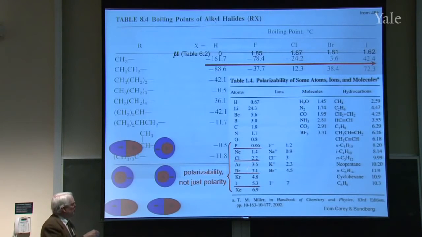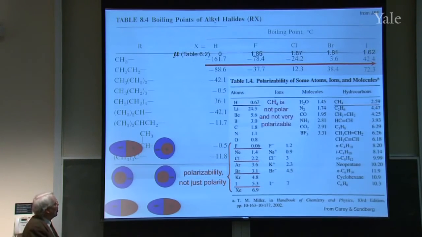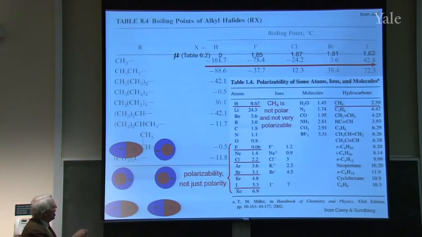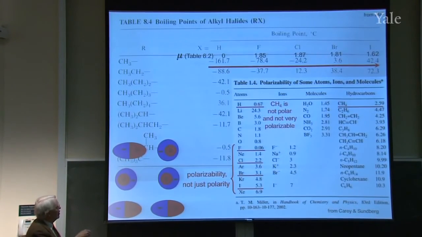But chlorine distorts more, bromine and iodine the most because it has the most electrons, the most weakly held, right? And CH4 is not polar, and also it's not very polarizable, right? The hydrocarbon is not very polarizable given that it's 5 atoms and these are just 1 atom.